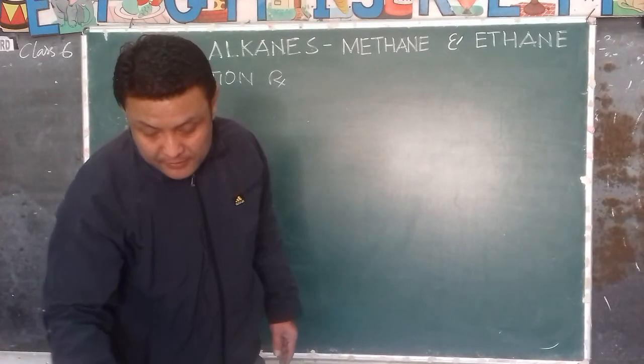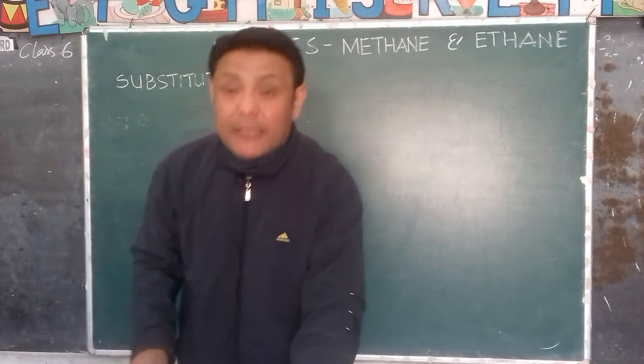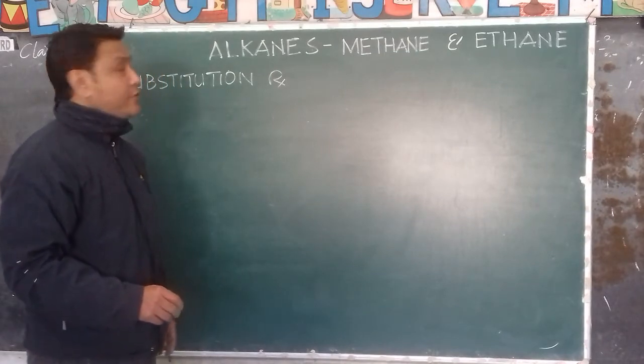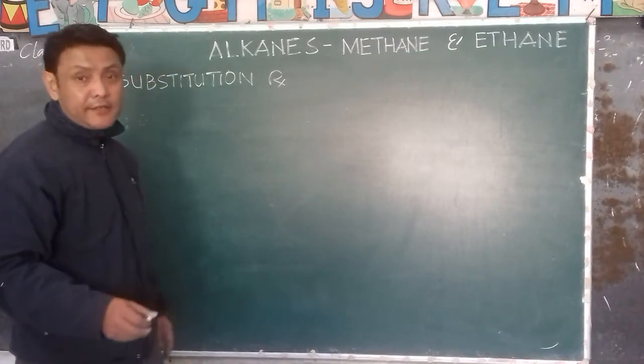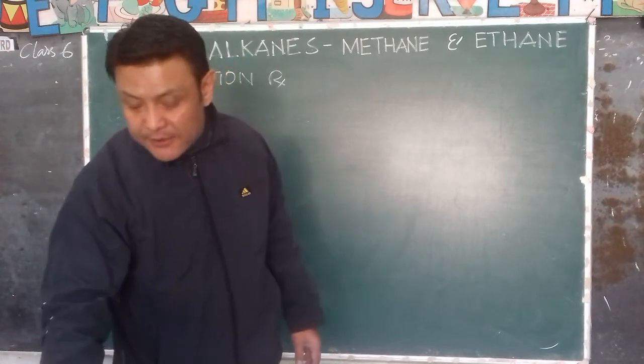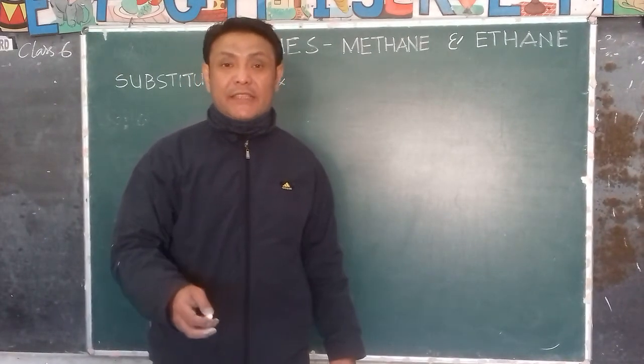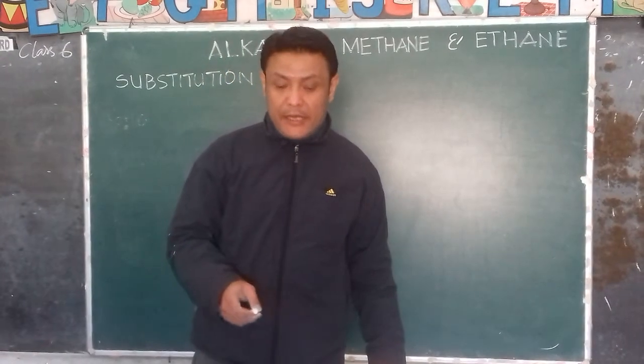Now the next reaction is by using a catalyst, by reacting with a substance. We call it the catalytic oxidation of alkanes. So what is a catalyst? We all know that a catalyst is a compound which alters the rate of a chemical reaction, but itself does not take part in the chemical reaction.